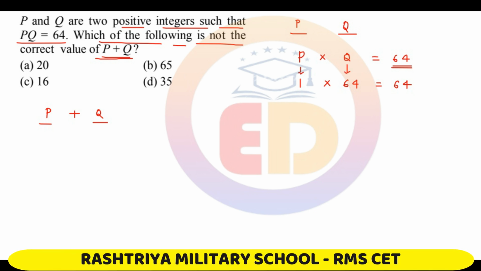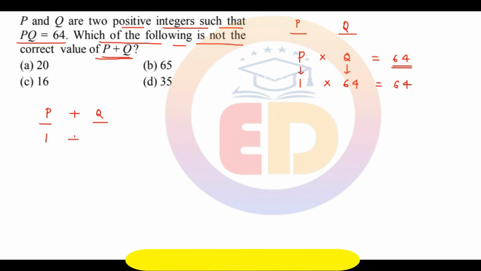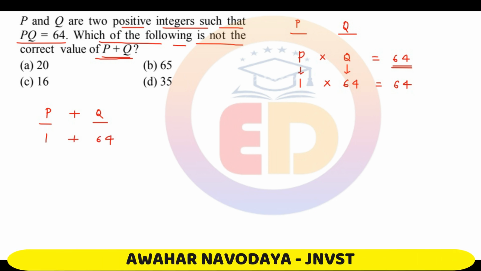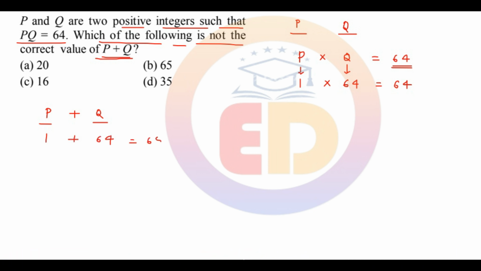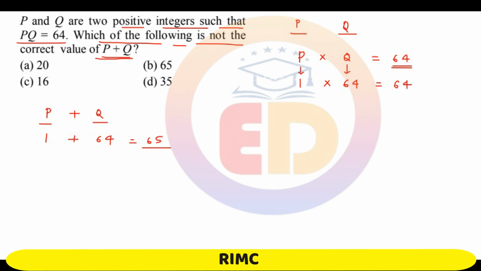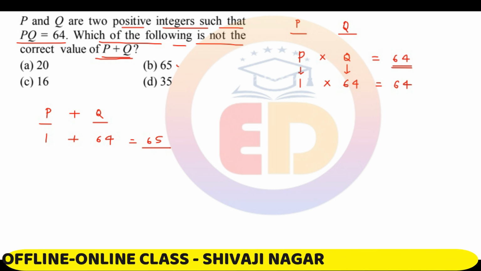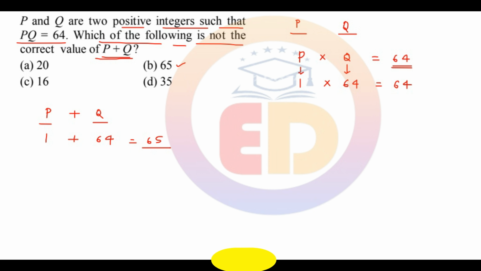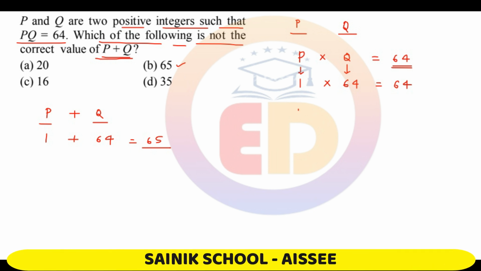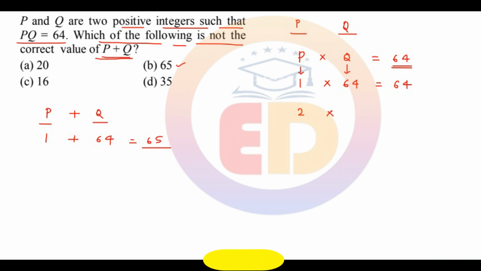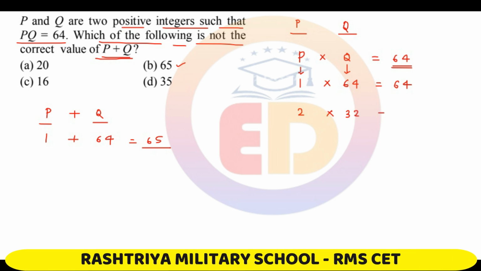In that case, P plus Q will be 1 plus 64, which is 65. So 65 can be the sum of P plus Q. Option number B is 65, so it is possible. Another value of P into Q which can give 64 is 2 multiplied by 32, which is also 64.